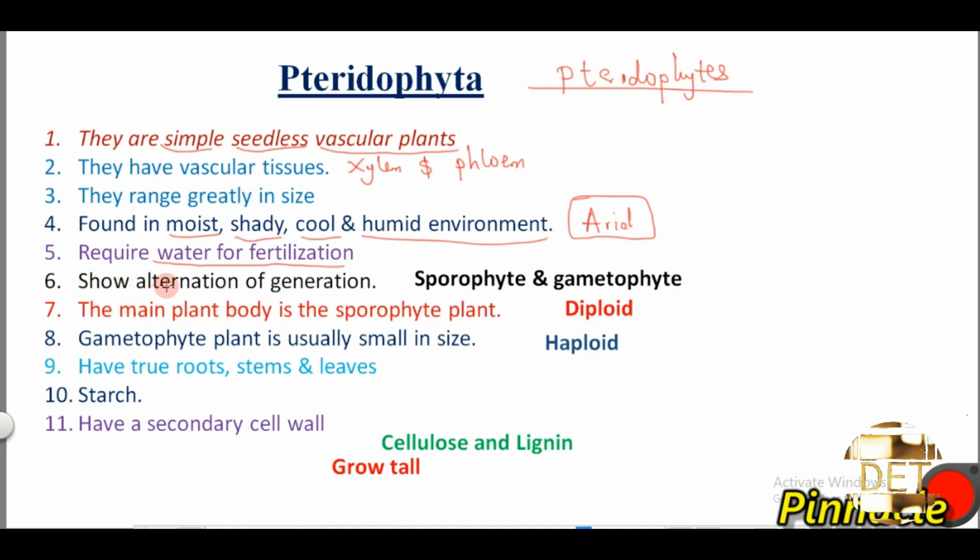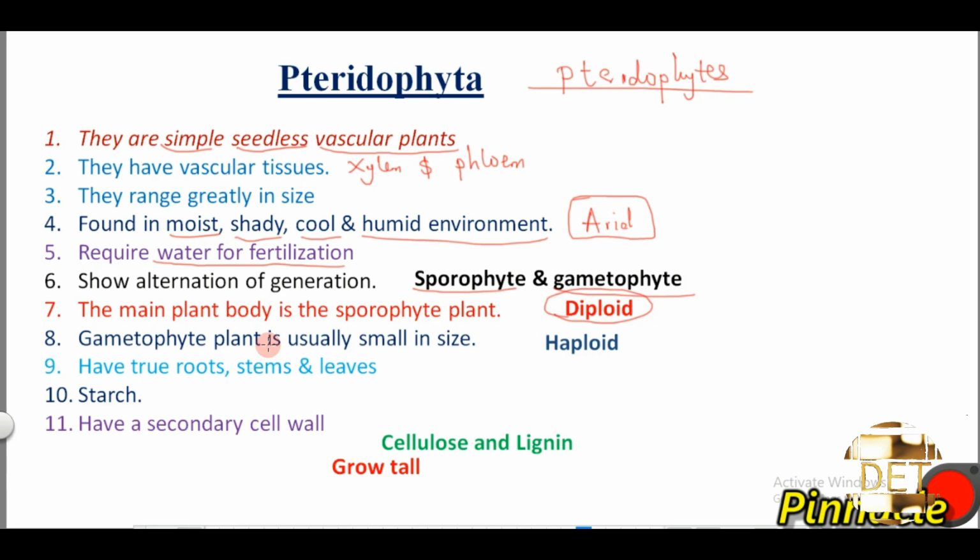Then also they show alternation of generation, and this is a heteromorphic change in their life cycle. The two generations involved are the sporophyte generation and the gametophyte generation. The main plant body is the sporophyte plant, and it is diploid in nature. What that means is that it contains the full number of chromosomes.